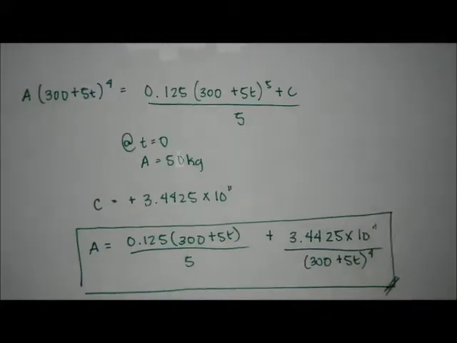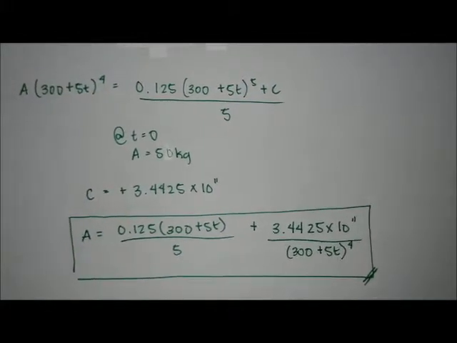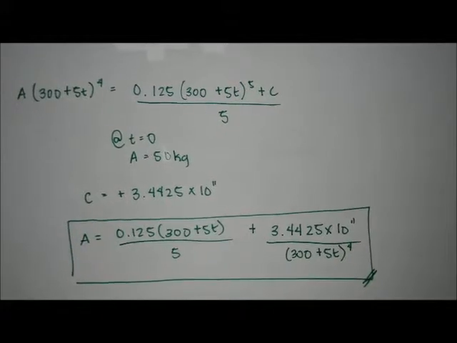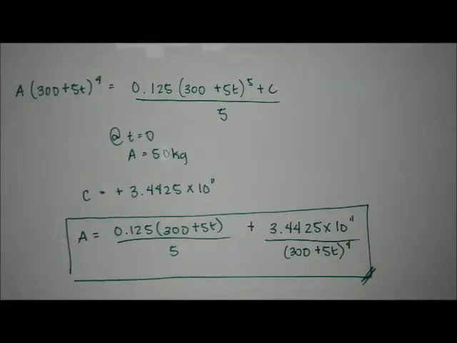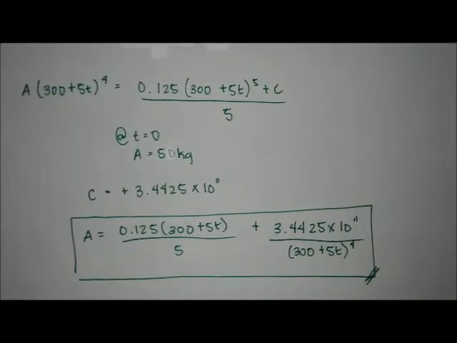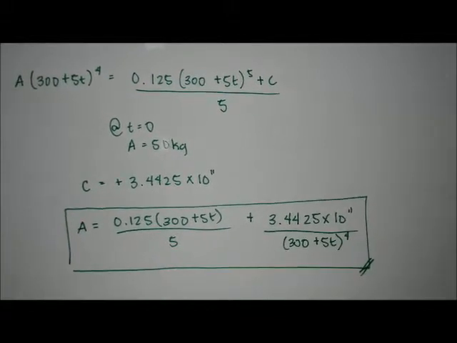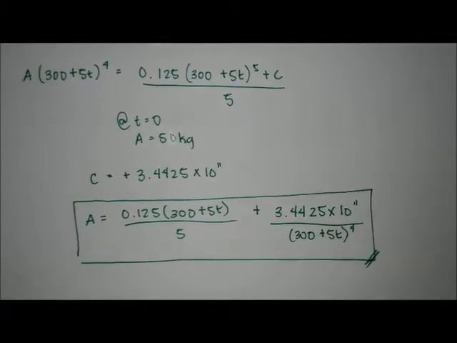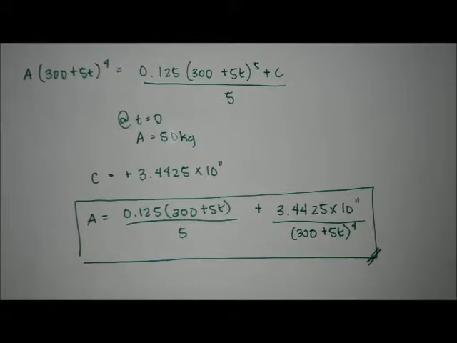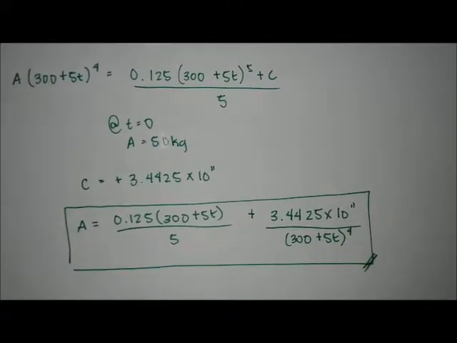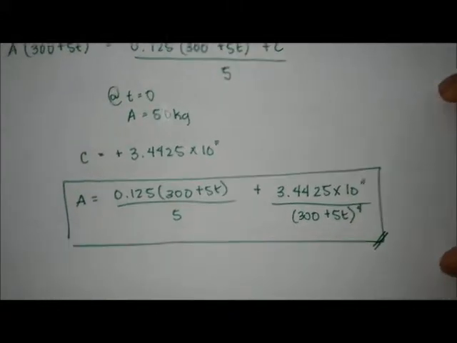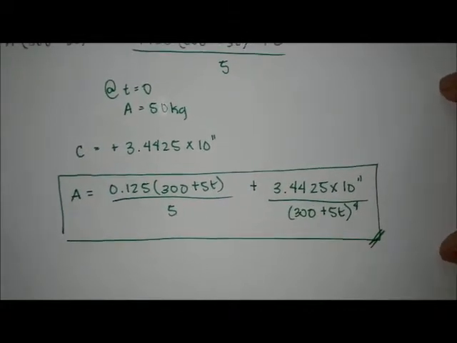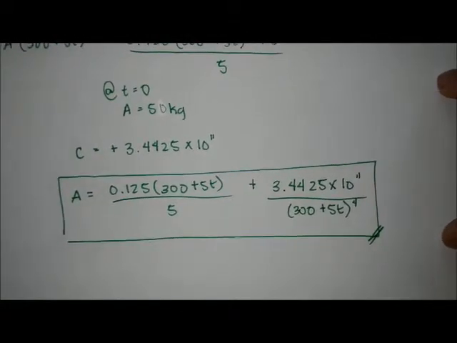So by then we'd be able to solve for the constant, which is equating time 0 and relating it to the solution at time 0, which is 50 kilograms. So we'd be getting a positive 3.4425 times 10 raised to 11, which gives us the answer for the first question, the amount of solution in the mixture with respect to time.